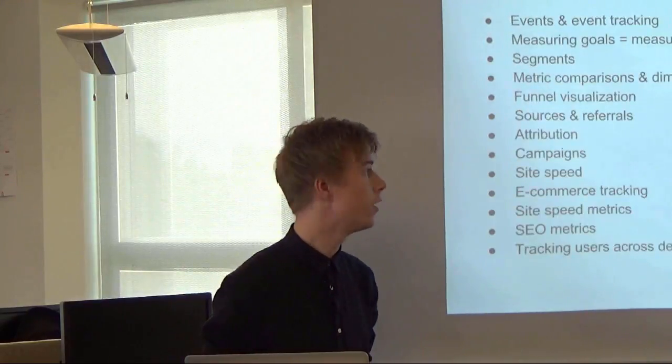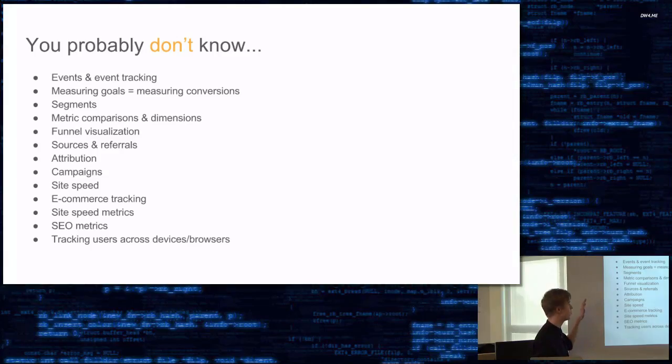And I'm going to assume you don't know events and event tracking. I'm not going to explain all of this because firstly, I'm not an expert, and secondly, it's going to take all day. But events and event tracking, measuring goals equals measuring conversions, segments or segmenting, metric comparisons of dimensions, funnel visualization, sources and referrals, attribution, campaign, site speed, measuring site speed, e-commerce tracking, site speed metrics, SEO metrics, and you can actually track users across devices.